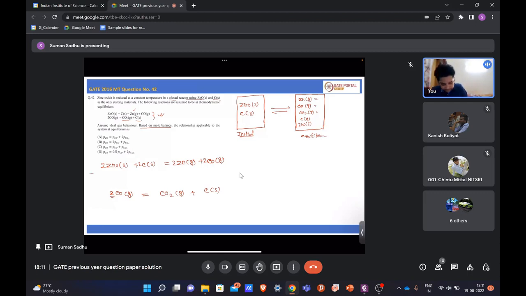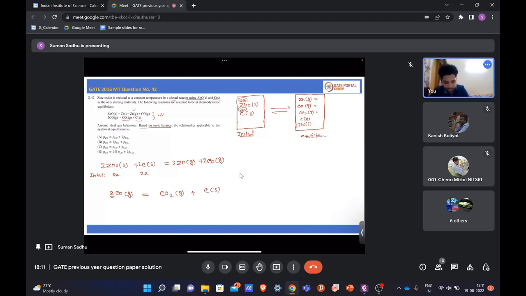Now let's say at the initial condition for these reactions we had 2a mole of ZnO and 2a mole of carbon in the solid form in the chamber. This is random, you can take anything, like 2a, or a also.